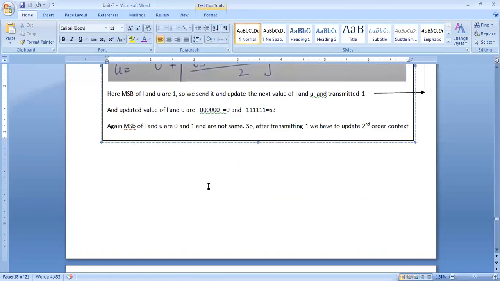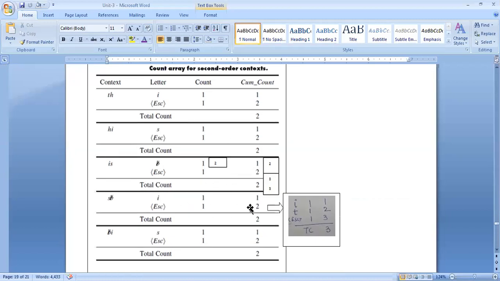And see, is there any existence of T for which the context is SB? No, none. We have only one context, that's SB cross, but for SB cross we find symbol I, not T.